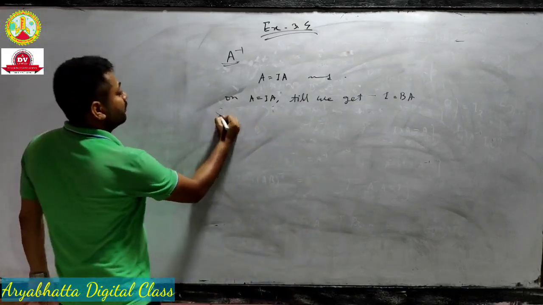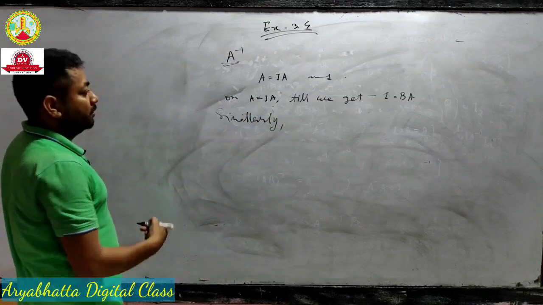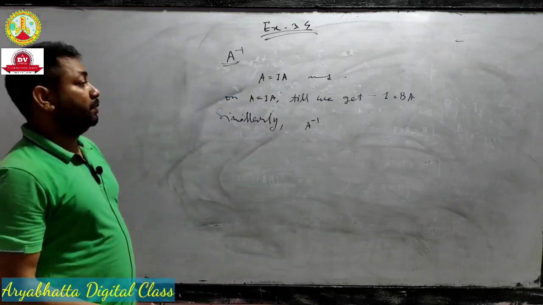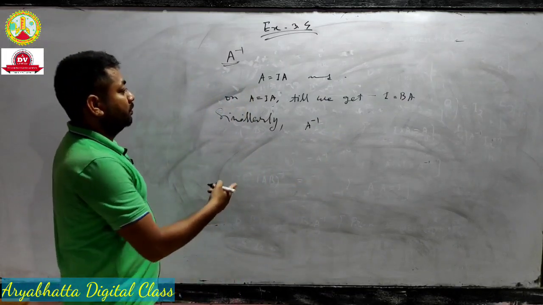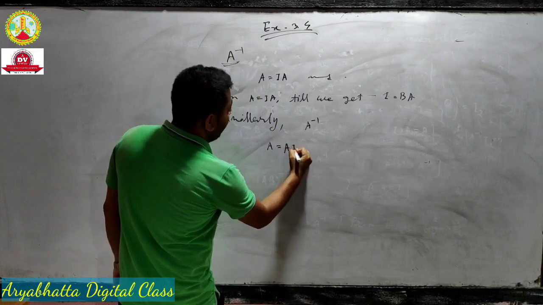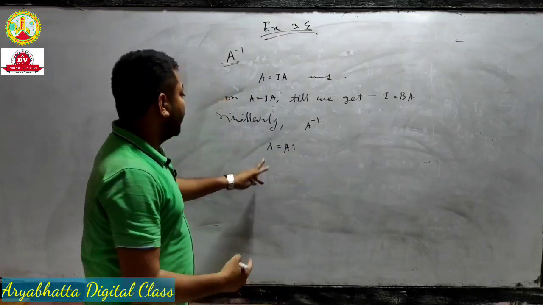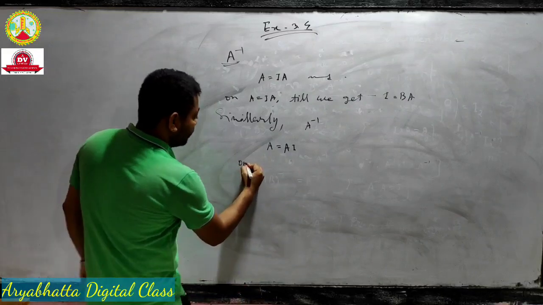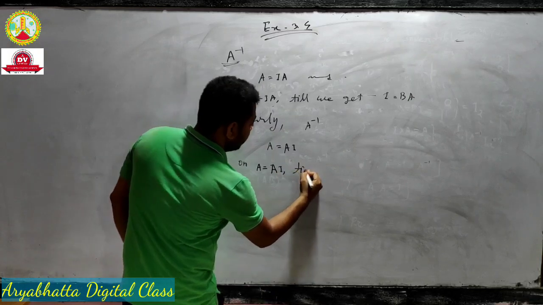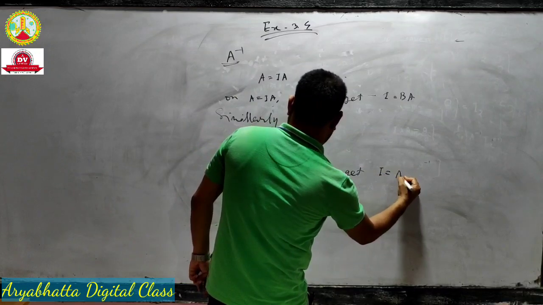Similarly, if we want to find A to the power minus 1 using column transformations, then write A equal to AI and apply a sequence of column transformations on A equal to AI till we get I equal to AB.